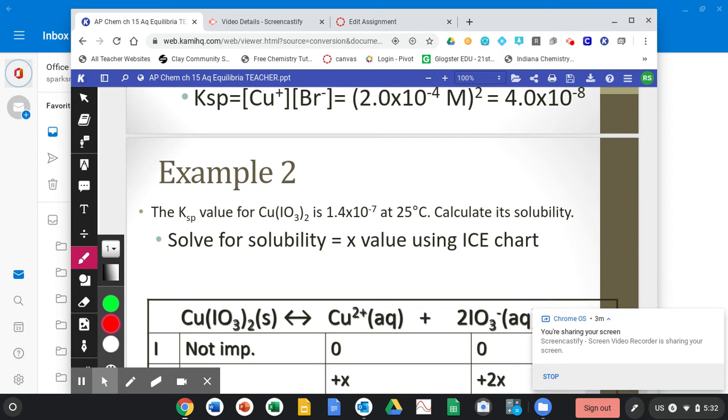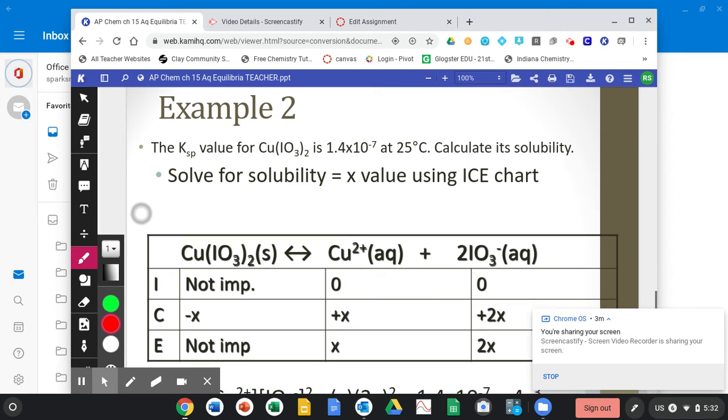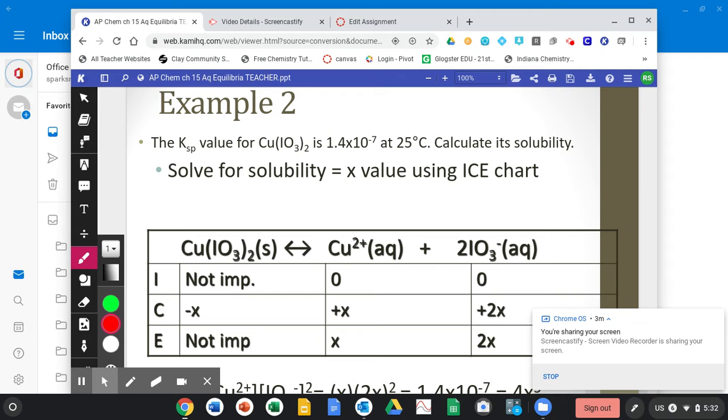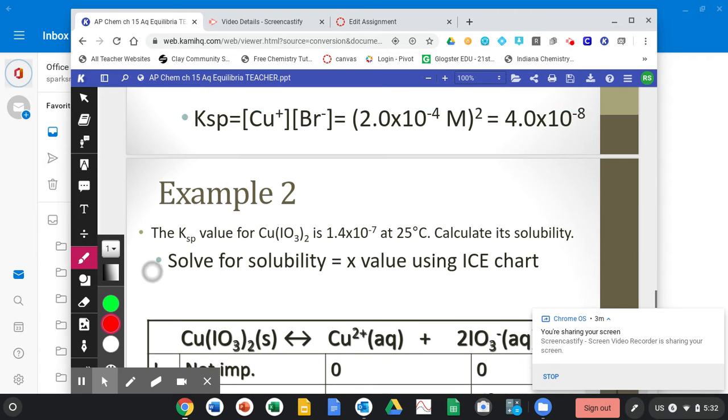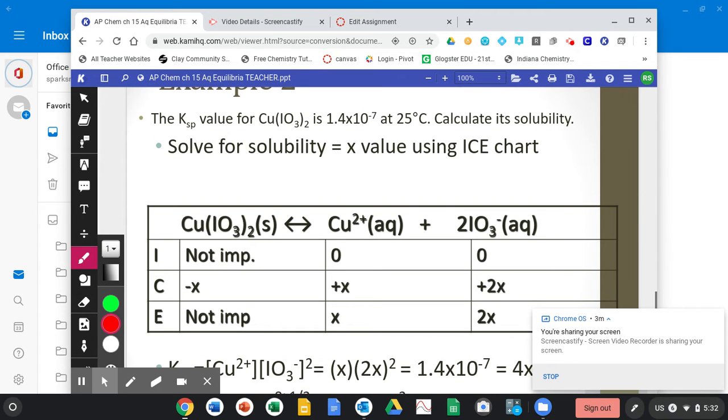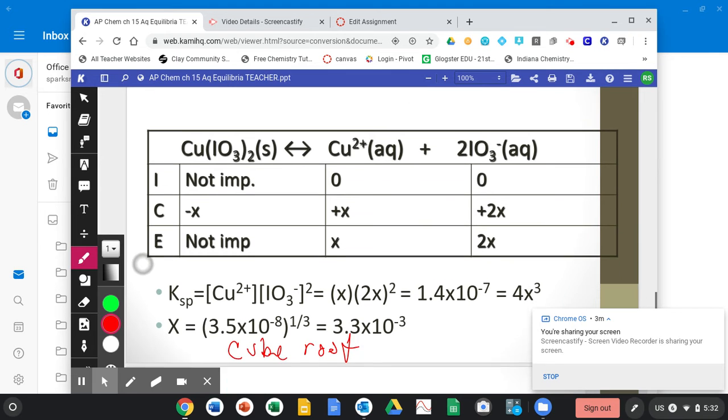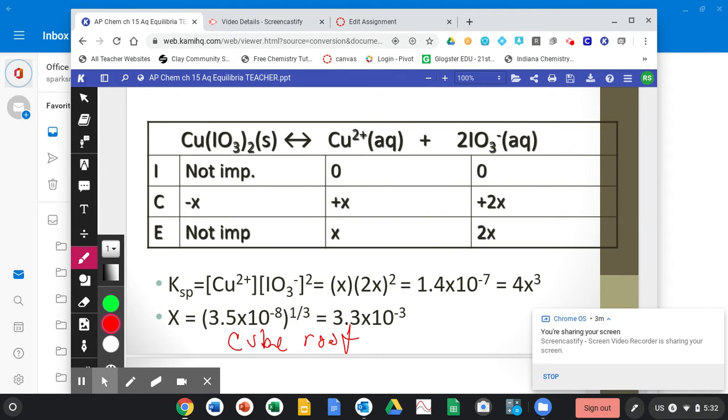The Ksp value for copper(II) iodate is our next question. So that's going to have 3 ions in it, and that's going to affect it. You could take 1.4 times 10 to the minus 7th. It's giving you the Ksp value in this case, and you're solving for x here. And so you're going to have x and 2x quantity squared.